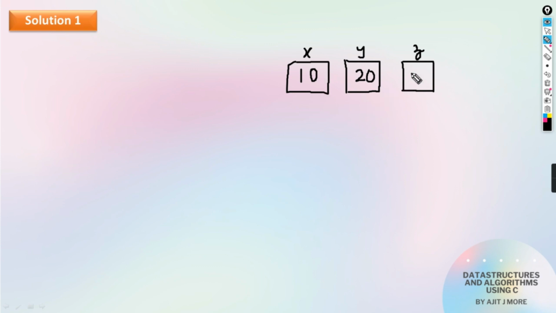Therefore I have used one temporary variable z. First I'll copy the x value in z. So this value I'm going to store in z. Next I'll copy the value of y in x.